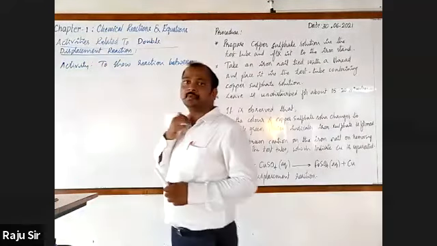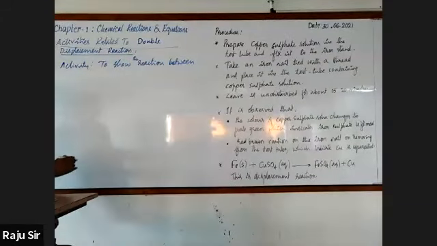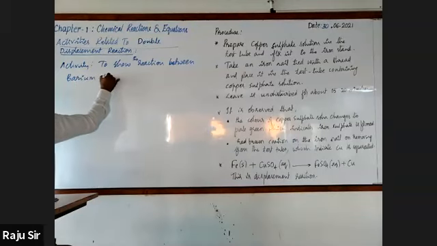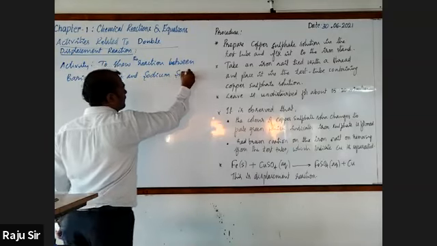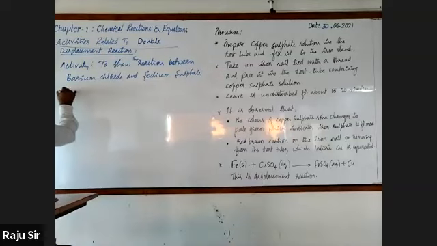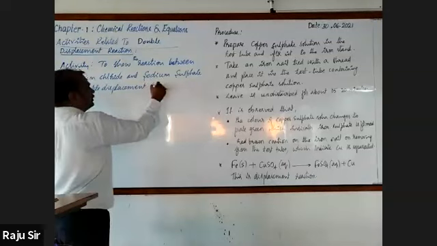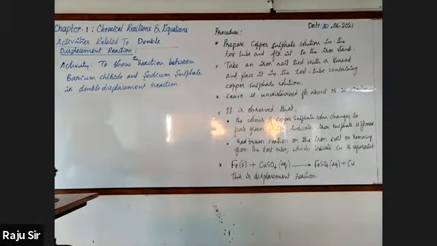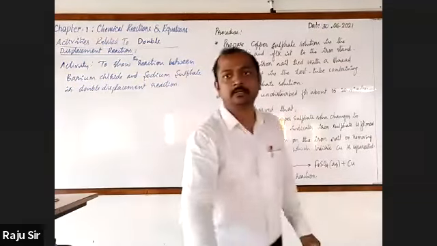So we will use these two reactants to show the double displacement reaction. Write the activity: to show that the reaction between barium chloride and sodium sulfate is a double displacement reaction.